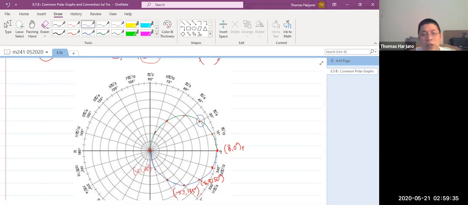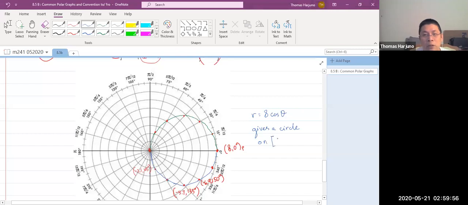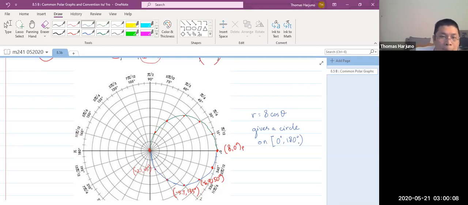So you see this r equals 8 cosine theta actually gives a full circle on 0 degrees to 180 degrees. You don't need 360 degrees to form this circle. You just need pi. From 0 to pi, it forms this circle already.